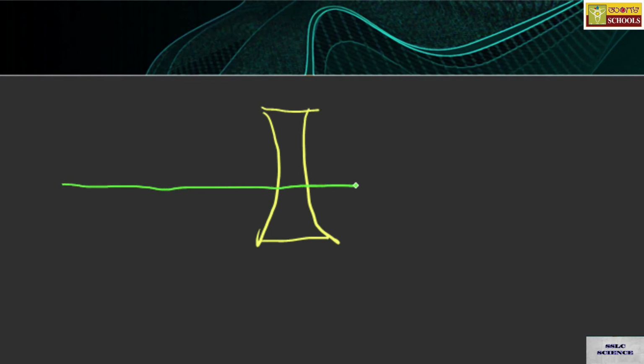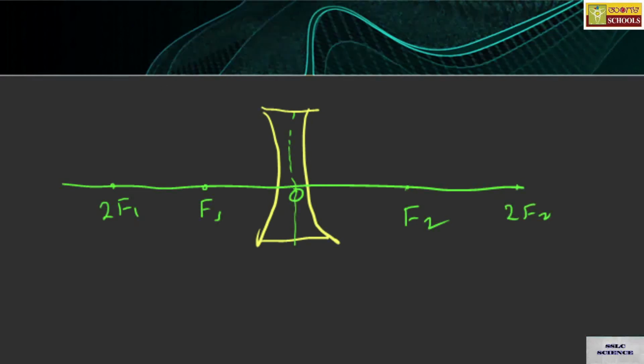So how to draw this? How to plot this? Just draw a concave lens here, and later put the optic center here and mark the rest. This is O, this is F1, this is 2F1, here it is F2 and 2F2 somewhere here. So you place the object anywhere from infinity to O. I am placing it as an example between 2F1 and F1.